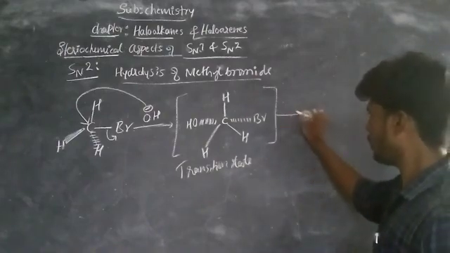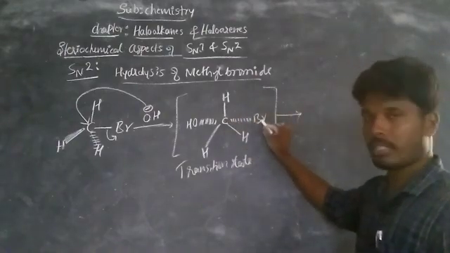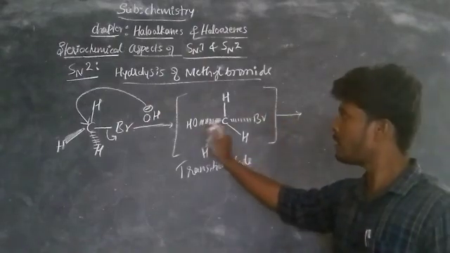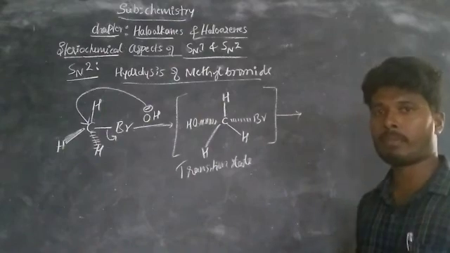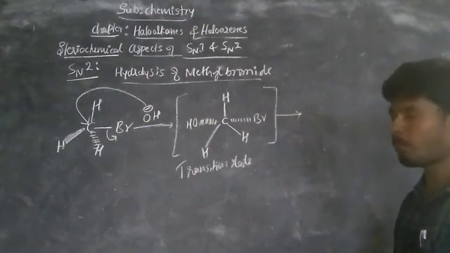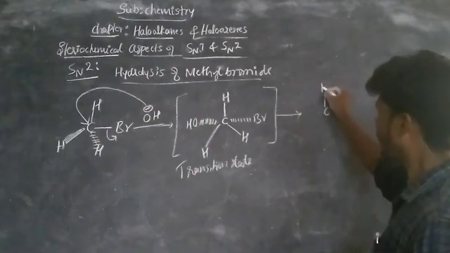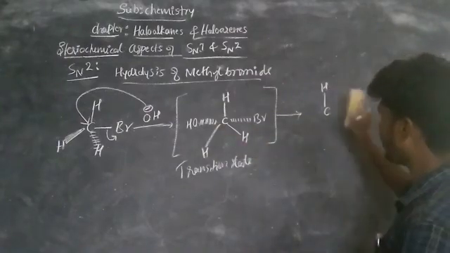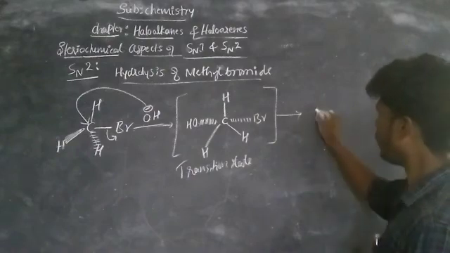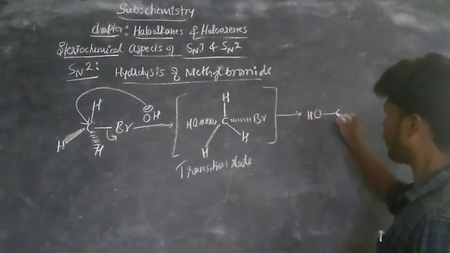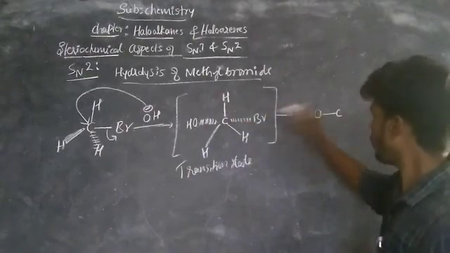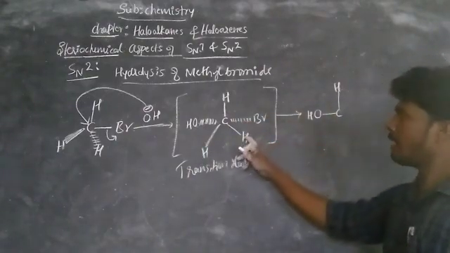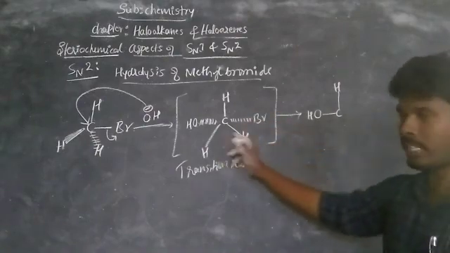Now the C-Br bond is completely broken and the OH-C bond is completely formed, so that you get a compound with carbon bonded to hydrogen. Here the OH bond is formed to the carbon at the backside. Now this hydrogen is below the plane and this hydrogen is above the plane, meaning they change their positions.